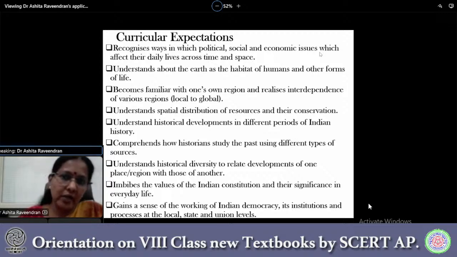How does our Indian democracy work? How do we form the local governments, the national government, the state government?